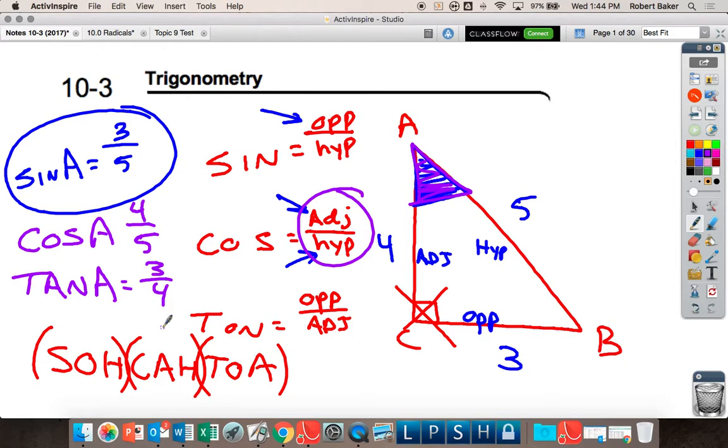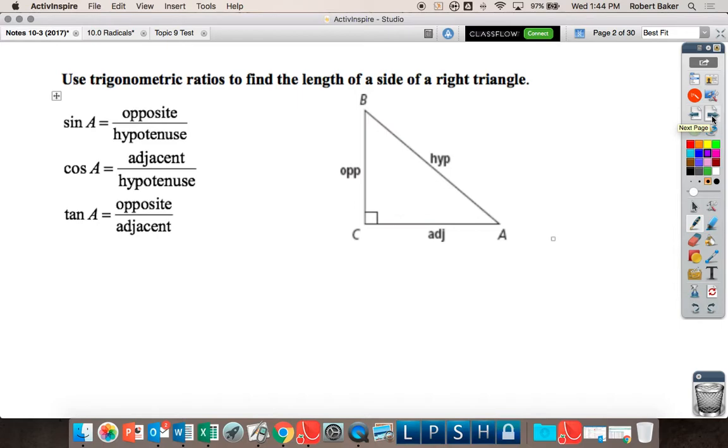So let's go to our actual notes. We'll do this one together. That's everything that I just talked about on your notes. You see that in your notes? It says sine is opposite over adjacent, cosine and tangent. All that is working from right here. So here's our first question.